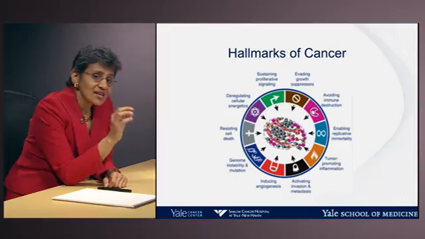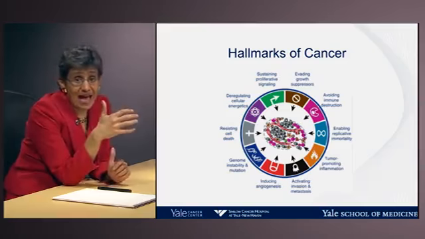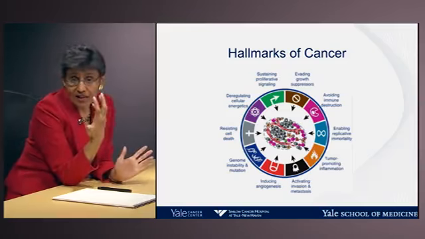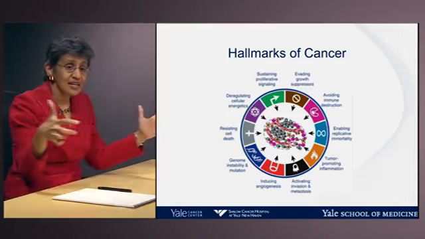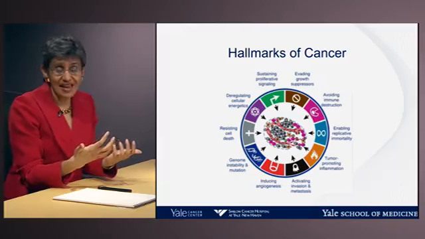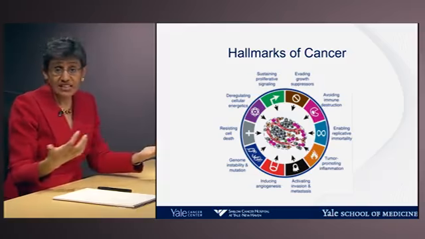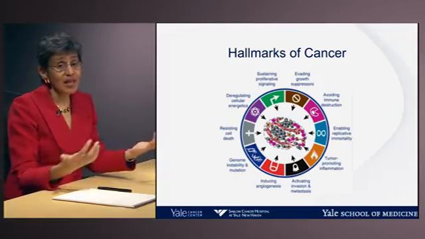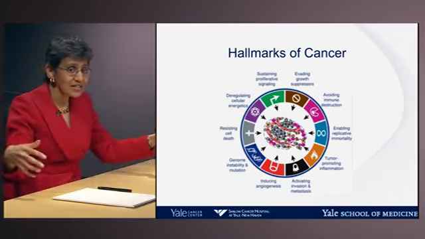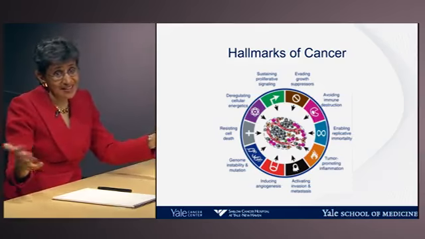In order for those cancers to spread, they need a pathway, a portal, often blood vessels. So cancer cells can induce angiogenesis. Angiogenesis is building of new blood vessels.